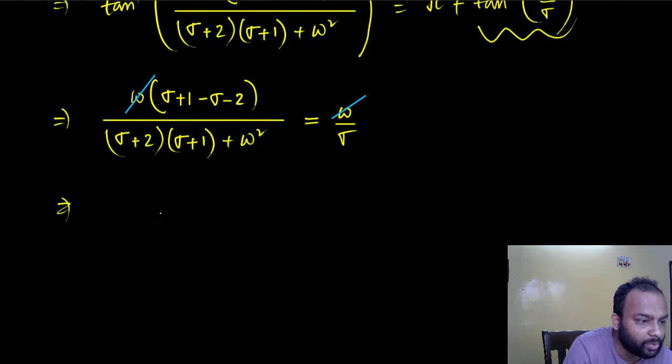So let's do the simplification once more. With that, we have sigma minus sigma, so that's minus 1, I think.